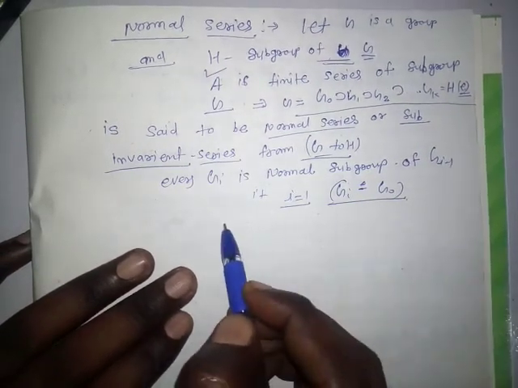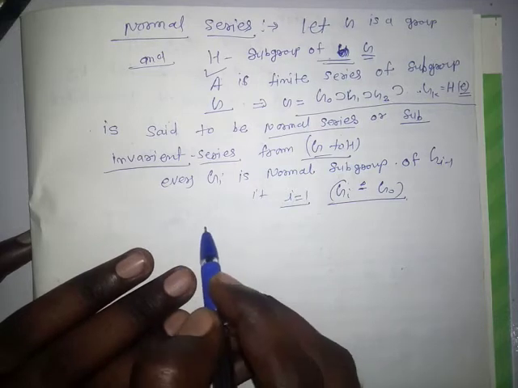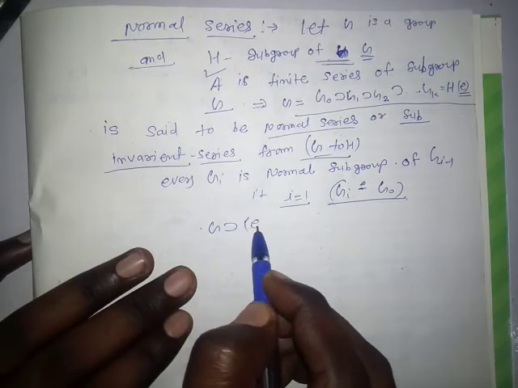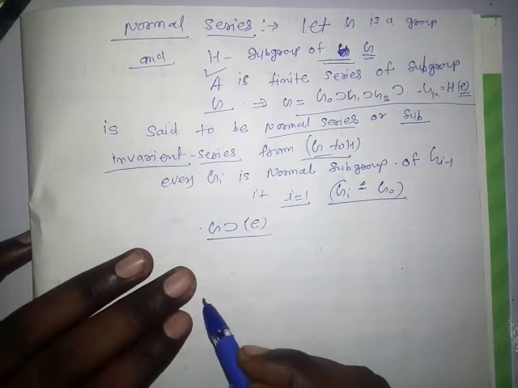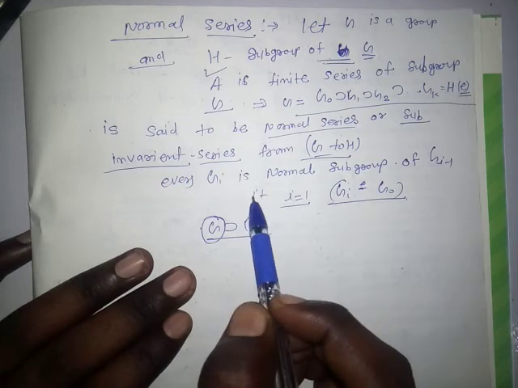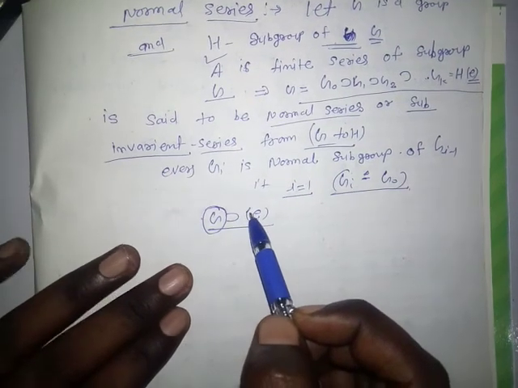Then every group G has a normal series. I can say that, because every group G has the normal series G, E. Okay, this is called a normal series.